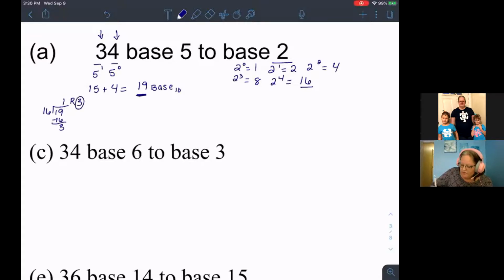Next we need to take that 3. So we did that place value, so now we need to go to this place value. And so 8 divided into 3 is 0 times.